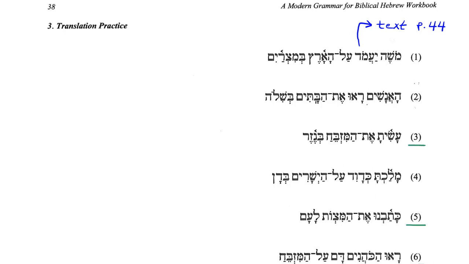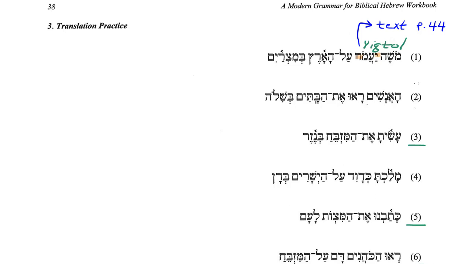And then the second word here is a Yiqtol verb. Call it a Yiqtol. And that means it's an imperfect. And we can tell that essentially from the prefix. We will learn more about those in Chapter 10. But there is a prefix on here, this yod.